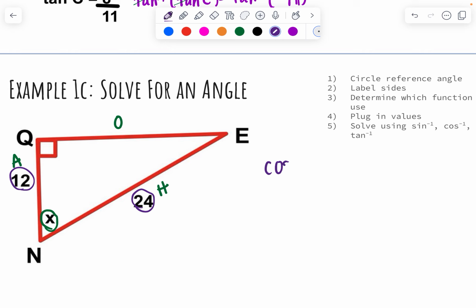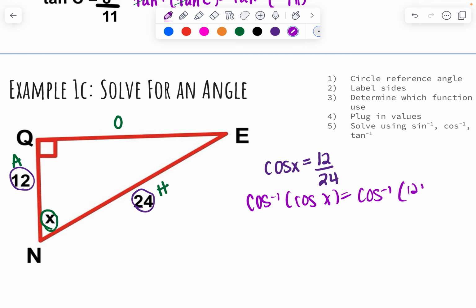So I know that cosine of x is adjacent over hypotenuse. If we did inverse cosine on each side, and put that into your calculator, inverse cosine of 12/24 would mean that x is 60 degrees.